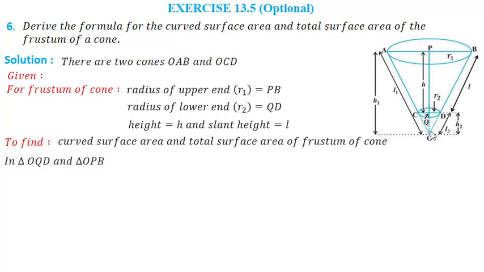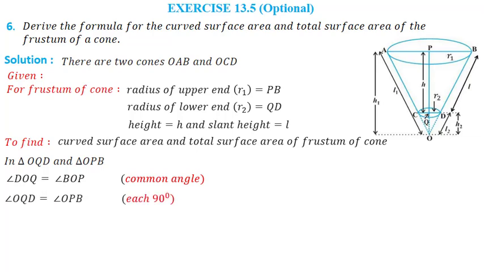For that we are considering triangle OQD and triangle OPB, and we prove them similar. You already know how to prove them similar, yes? First, angle DOQ and angle BOP are common angles, so same, and angle OQD is equal to angle OPB, each is 90 degrees. By AA criteria, triangle OQD is similar to triangle OPB.